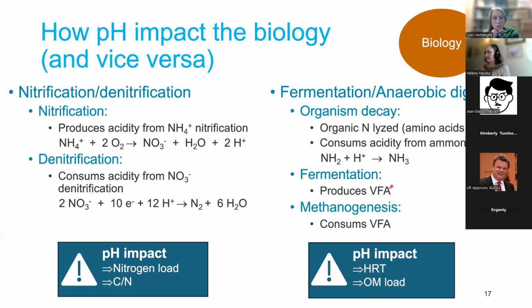So we will accumulate acidity, which the methanogens don't really like, and they will also stop working. Also, if we have too low a hydraulic retention time, since the methanogens are slow growers, the fermentation will go faster than the methanogenesis, and we may have some souring issues in our digester.